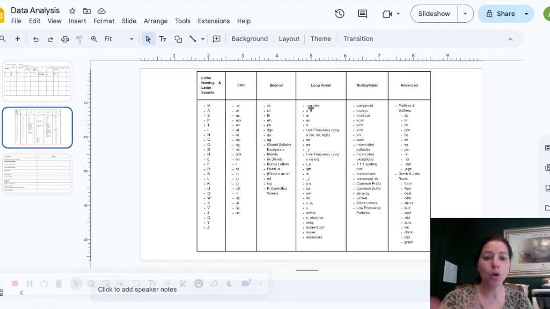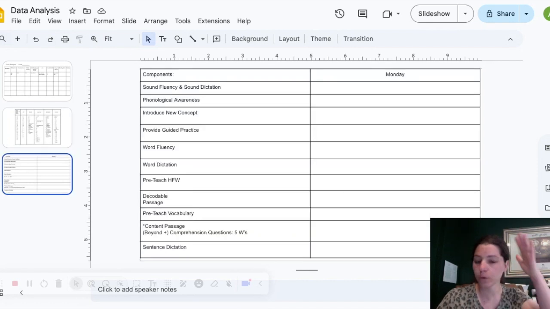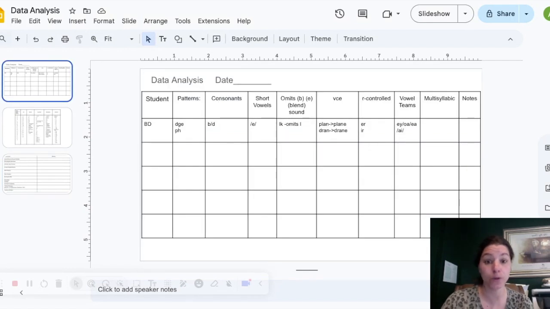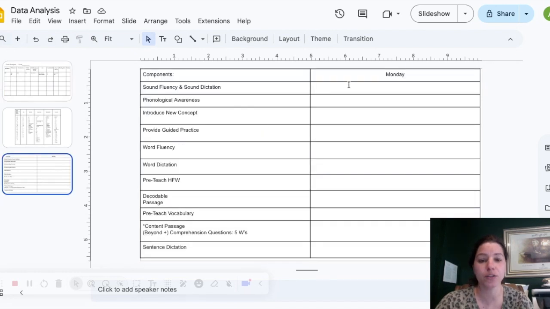So as I mentioned, we're going to start off with the vowel consonant E pattern, and then I'm going to follow this progression for every single lesson. I'm going to have sound fluency and sound dictation. This part of the lesson is going to include the patterns that she confused on that diagnostic assessment, or if you recently administered a DIBELS assessment, you want to make sure you're including any patterns, any sounds, and really looking for those trends to see which sounds and patterns you need to review during the review portion of your lesson.